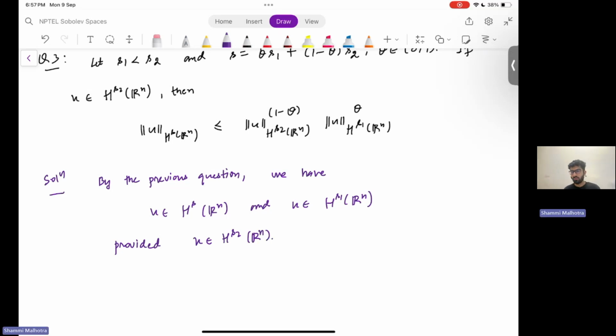So this we know from our previous result that once it's in one Sobolev space, it has to lie in the lower Sobolev spaces as well.